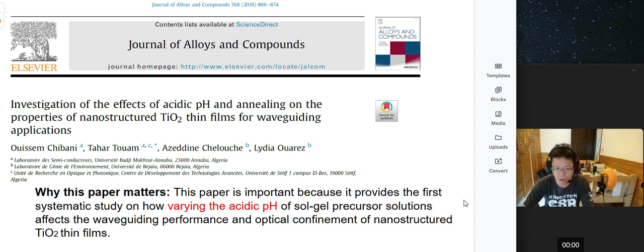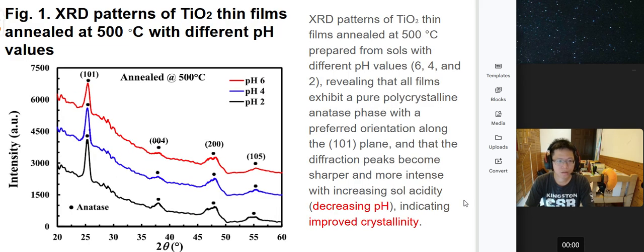As a result, the waveguiding performance and the optical confinement will be changed as well. For the first time, the authors present that at the same anneal temperature, the crystal structure will change with different pH values.